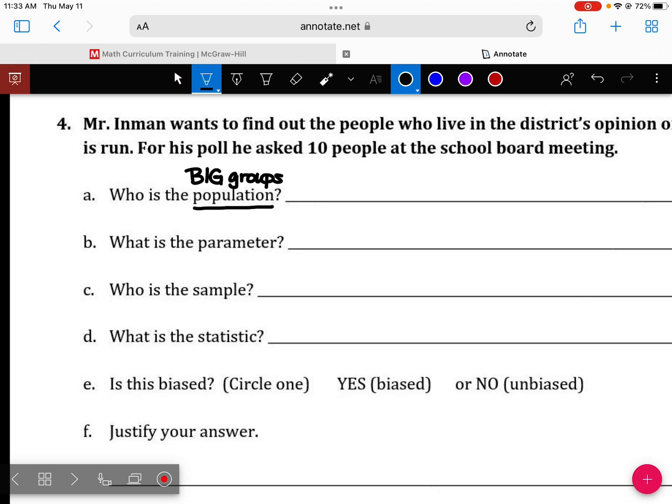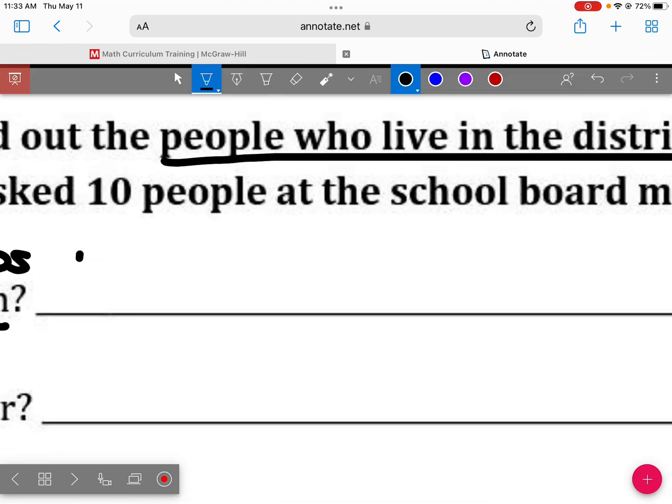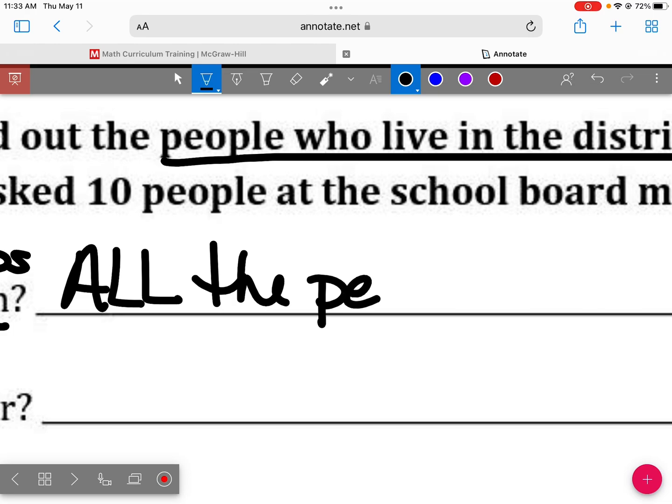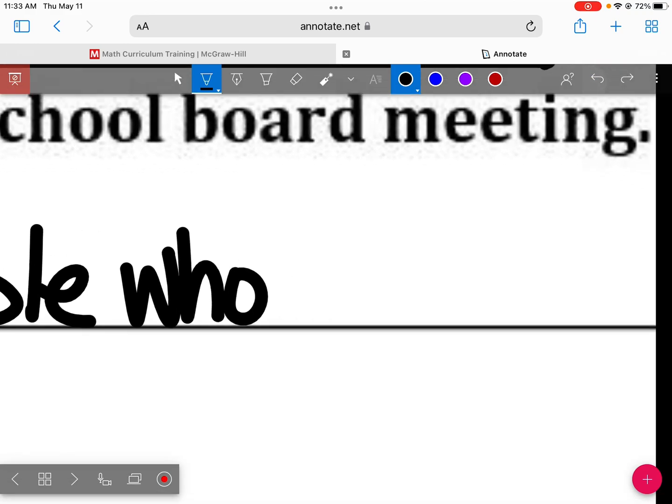All the people who live in the district. So all the people who live in the district.